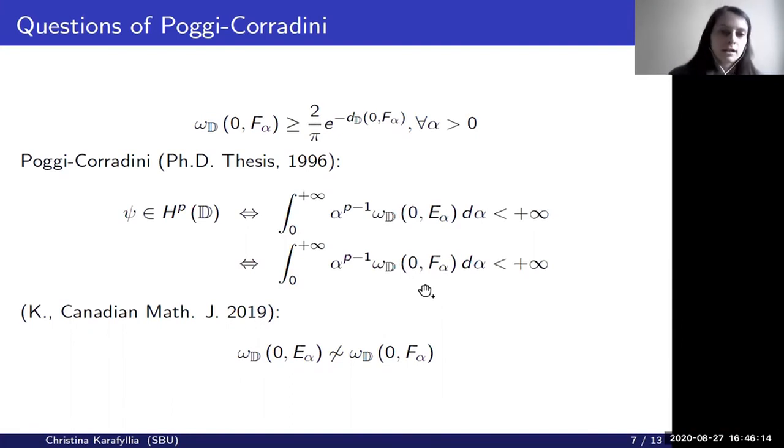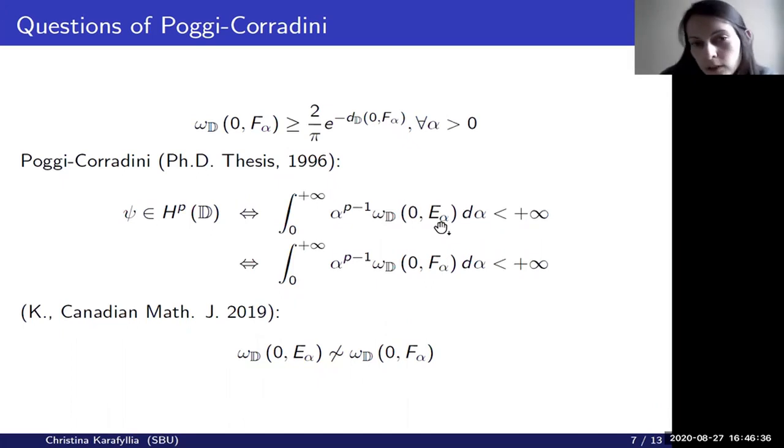So he gave a more geometric condition to check if a conformal mapping psi belongs to HP. It's much easier to use this condition because now we only need to estimate the harmonic measure, and there are various ways to do this.